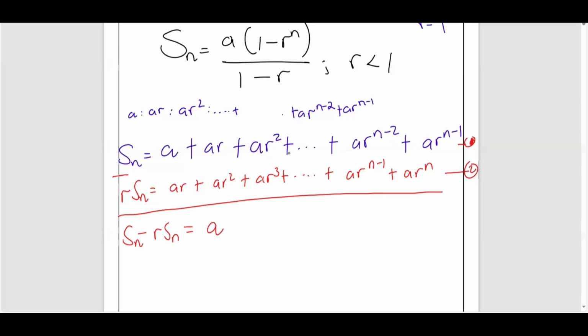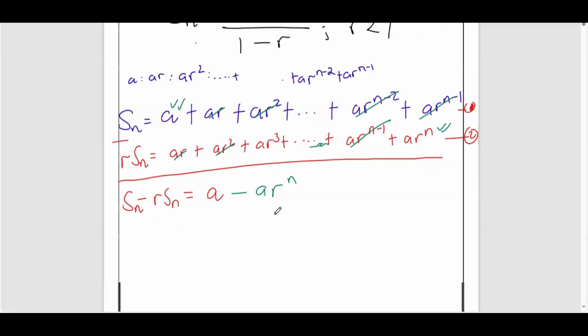Then I'm observing that this cancels with that, this cancels with that, the ar cubed cancels with that, and so on, to a point that even the ar^(n−2) will cancel with whatever appears here. So everything is going to cancel out. I'll only be left with this a and this ar^n. Since it's a subtraction, I'll say minus ar^n.